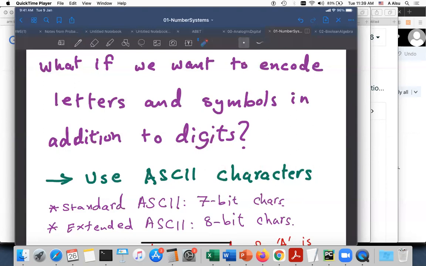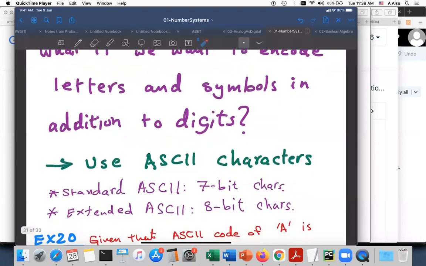There is a standard in which every character, digit, alphanumeric digit, or symbol has a code. There is the standard ASCII, which is 7-bit per character, and there is the extended ASCII, which uses 8-bit per character.